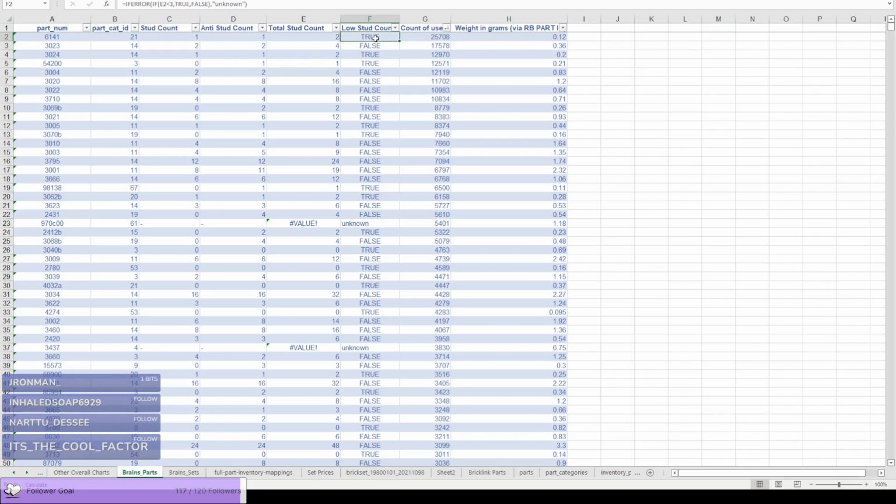So a 1x1 tile, a 1x1 plate, even a 1x1 brick would fall into that. And then here's the count of usage. These are the most popular parts across all of these sets. I'm pretty sure this is going to be the 1x1 plate or something, is my guess.